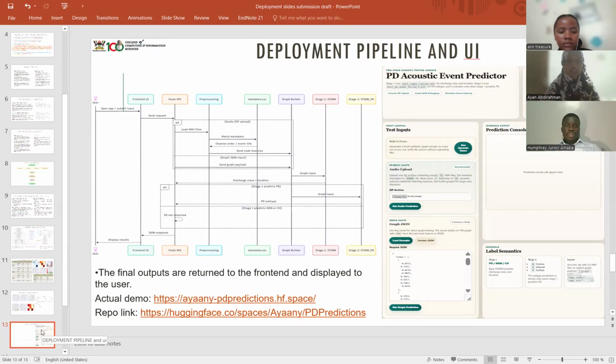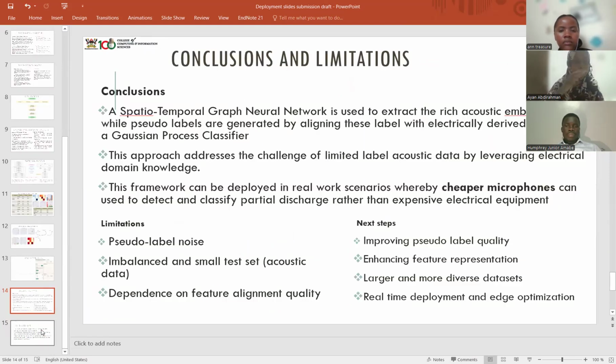Finally, next slide, please. For the next slide, in conclusion, a spatial temporal graph neural network is used to extract rich acoustic embeddings, while the pseudo labels are generated by aligning these embeddings with electrically derived labels from the Gaussian process classifier.